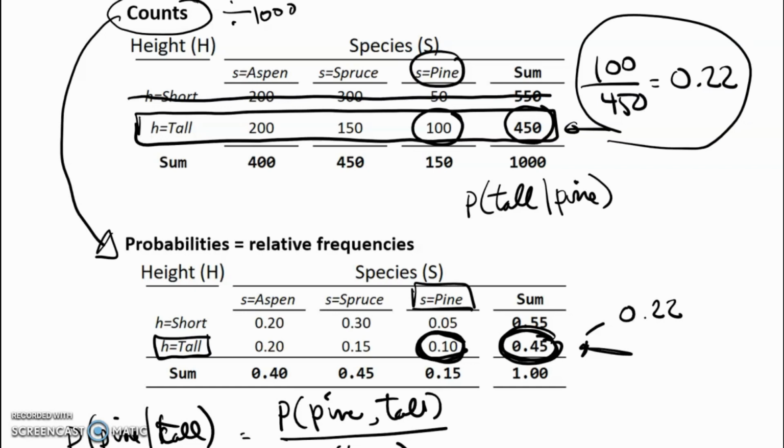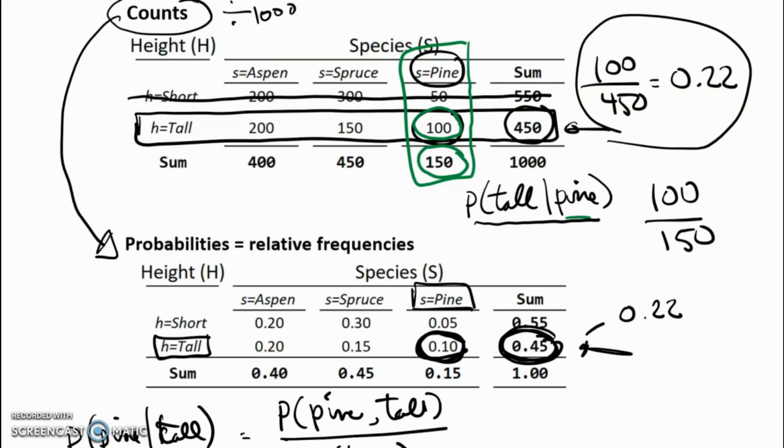Well, if we come back here to the counts, what we'd say is, okay, we know that it's a pine. There's 150 trees that are pine, 100 of which are tall, and so therefore the conditional probability of it being tall given that it's a pine is going to be equal to 100 over 150.